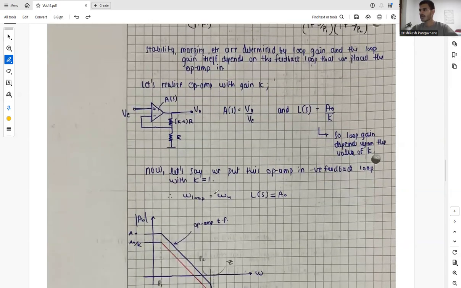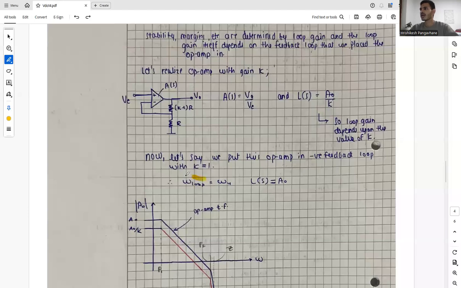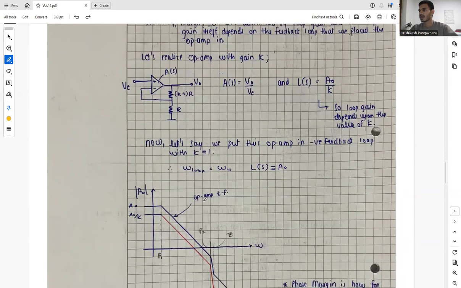But as of now, if k equals 1, then our omega loop becomes omega u by 1, which is basically omega u, and our loop gain is basically our DC gain A naught.